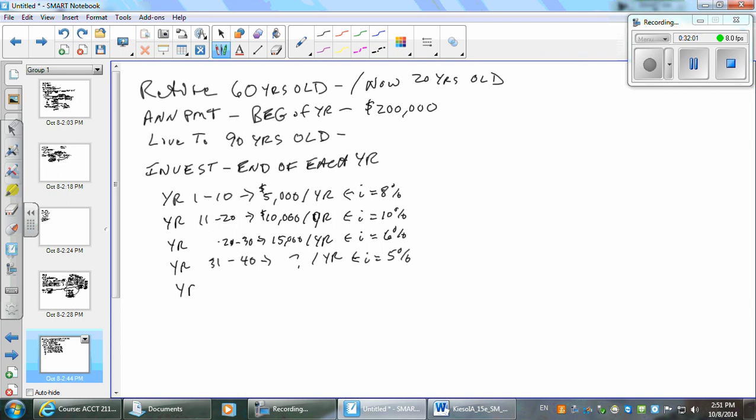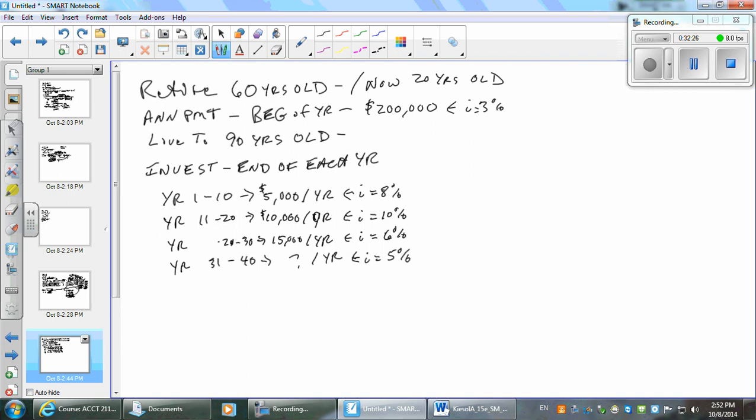Then it gets worse. What we'll do here is the interest rate is going to be 4%. Make it 3%. That's before inflation, rather.